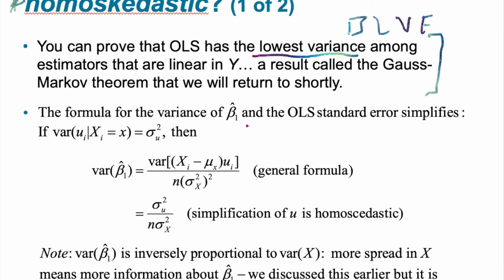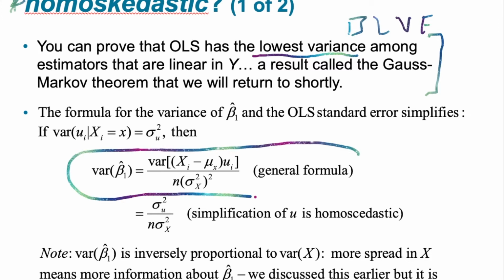Another consequence or benefit of errors being homoskedastic is that the formula for the variance of beta 1 hat and the OLS standard error simplifies. So the general formula that we have been working with is what I'm circling now: the variance of beta 1 hat is equal to the variance of vi, which we've defined, over n times the square of the variance of x.